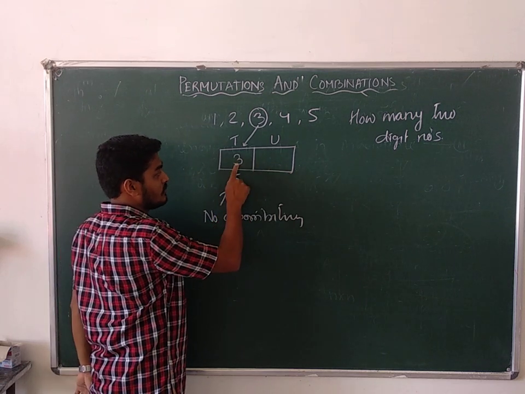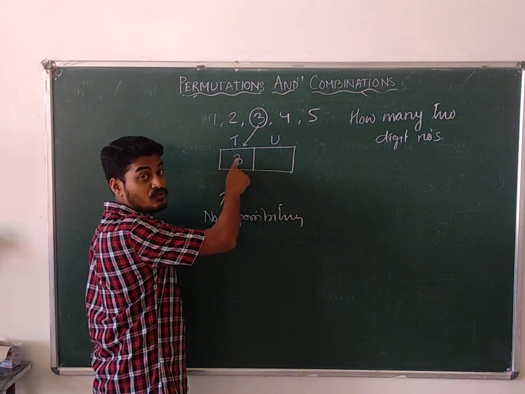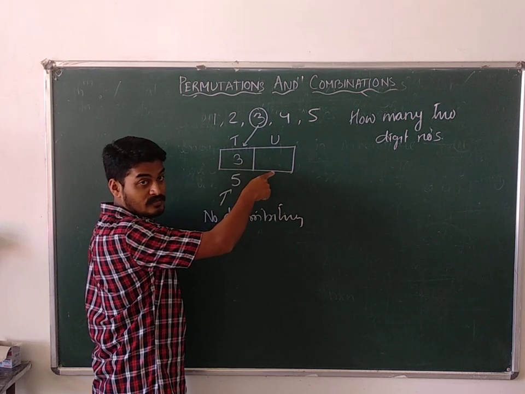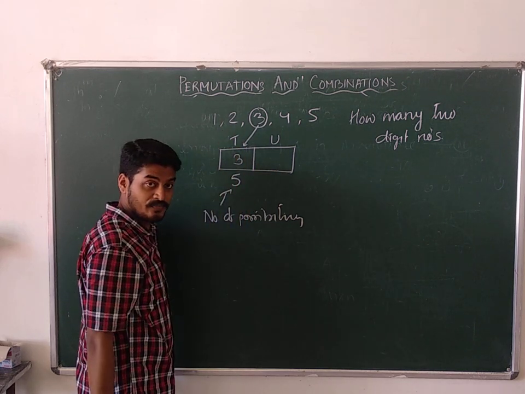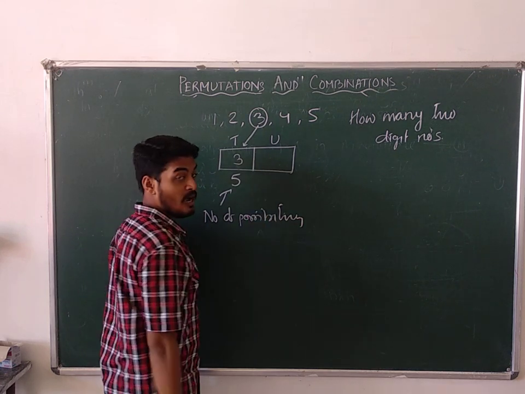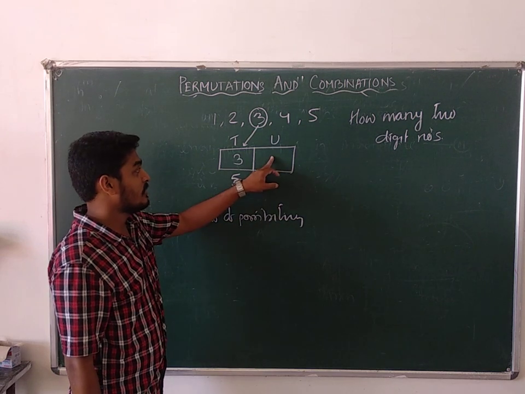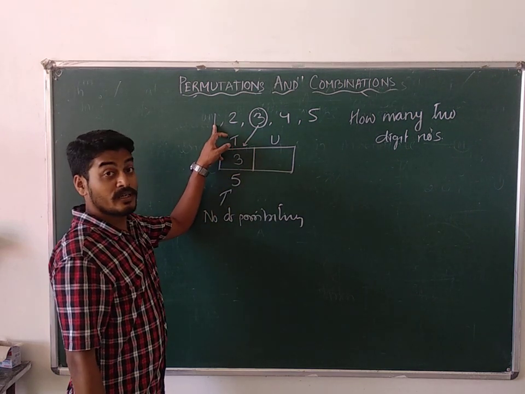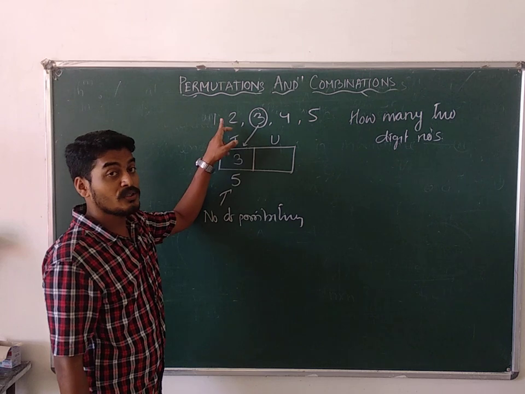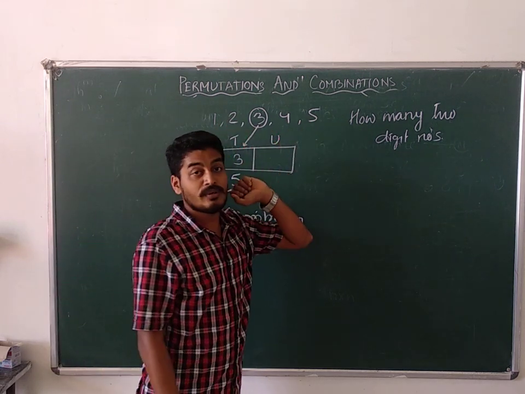So 3 is already used. You are not supposed to use 3 once again because only one 3 is there. Now my question is: if I want to fill up the next place, how many possibilities do I have? What can you write here? Either 1 you can easily write, or 2, or 4, or 5.